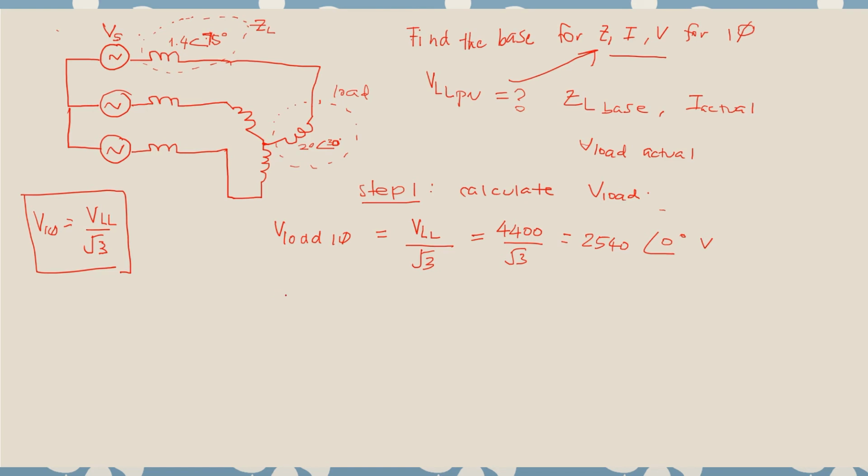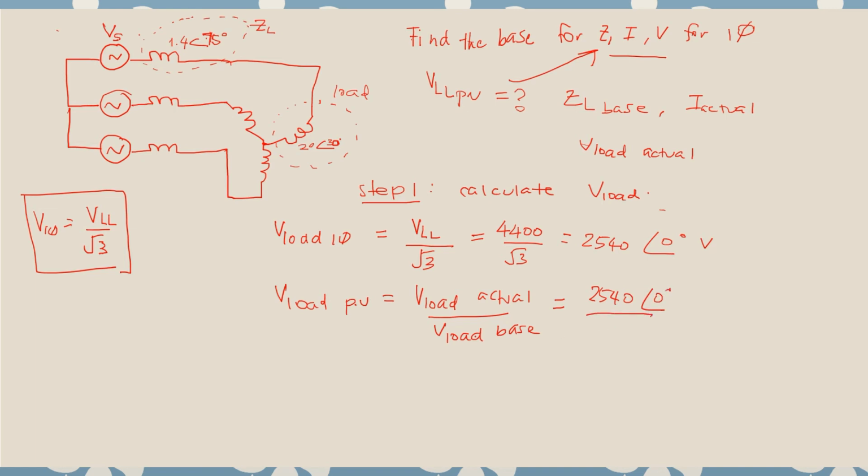Next we calculate the V load per unit. Remember the per unit formula: V load actual divided by V load base. That is the one that we just calculated.